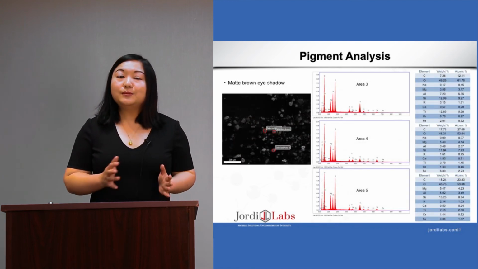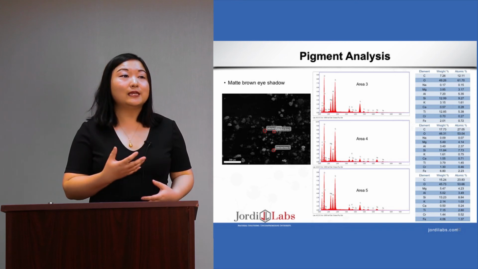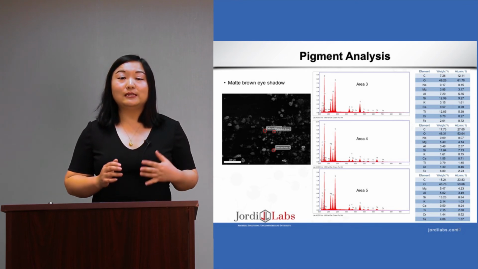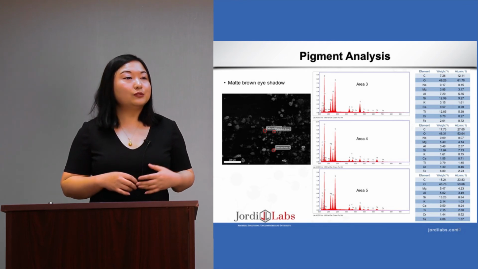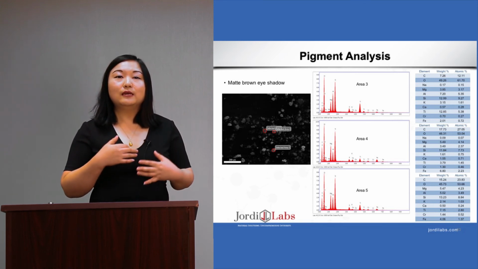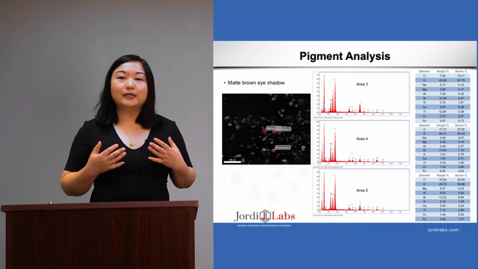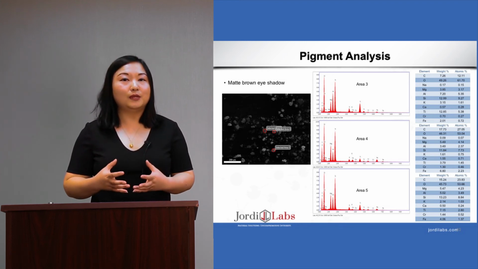So for the matte brown eyeshadows, we picked 3 representative areas on the product, and we did the SEM EDAX analysis. What we can see here is that these 3 areas have pretty similar elemental compositions. It's an indication that the product is homogeneous.